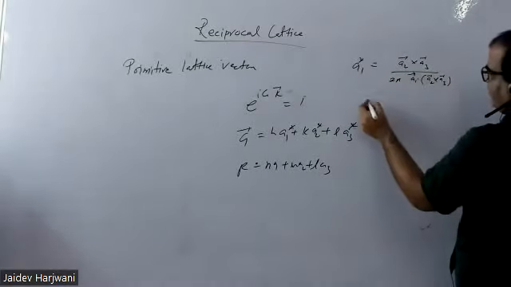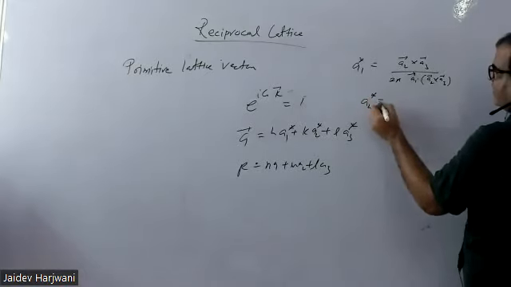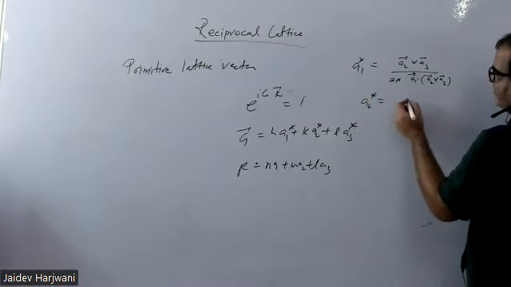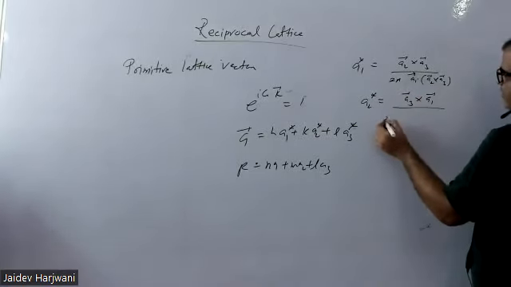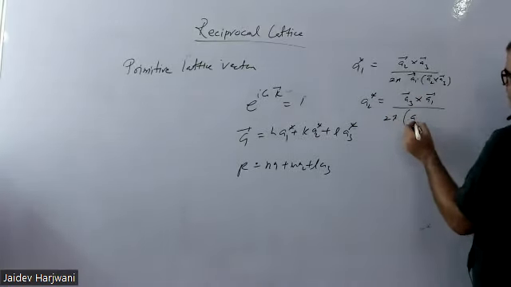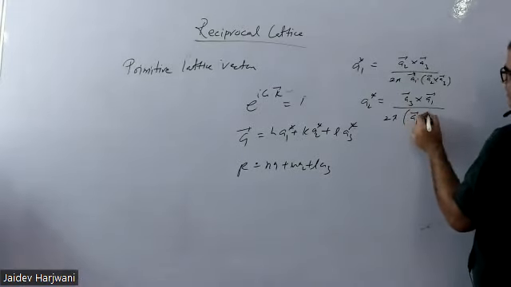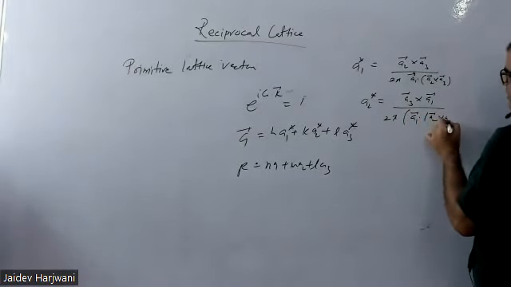Similarly, if I want to write a2*, that will be 2π (a3 × a1) divided by the volume, which is the same, a1 · a2 × a3.